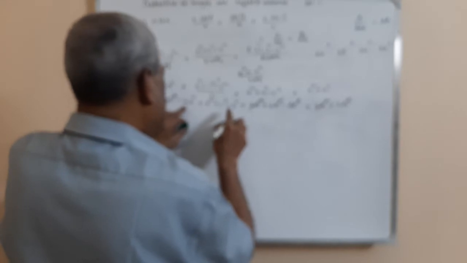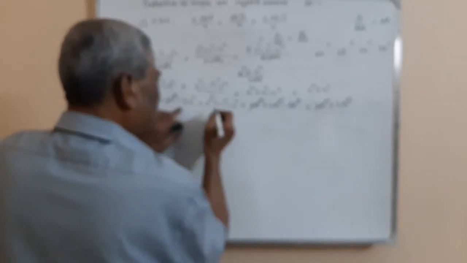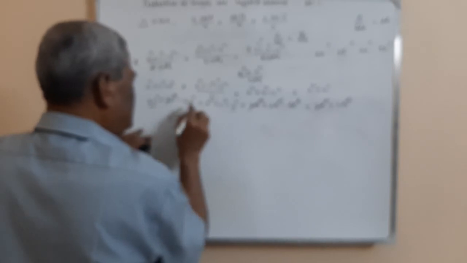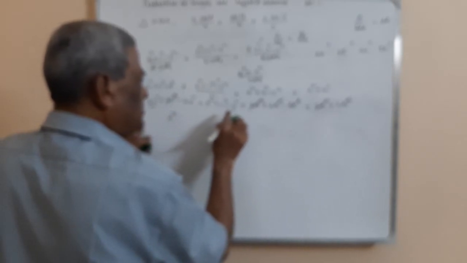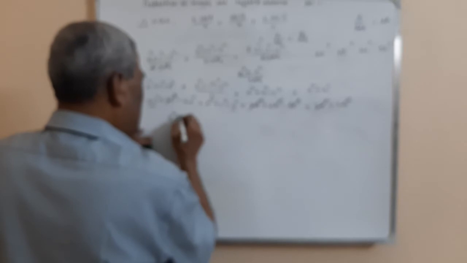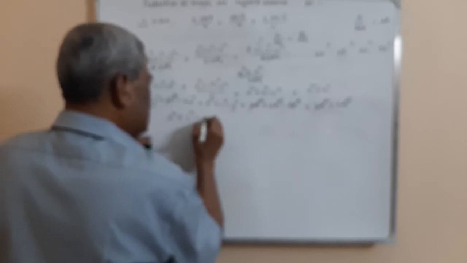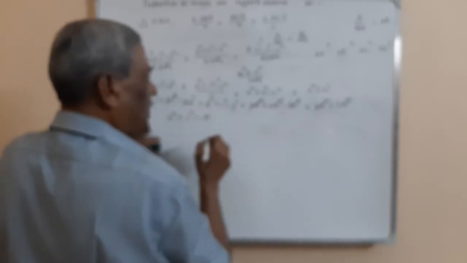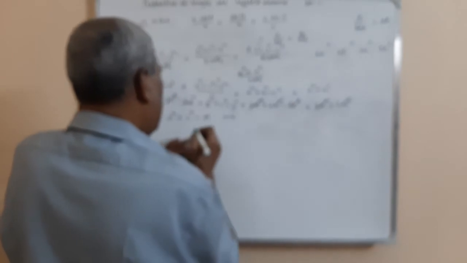Now the thing left, they together is B square plus C square minus A square is equal to 0. That is, B square plus C square is equal to A square.